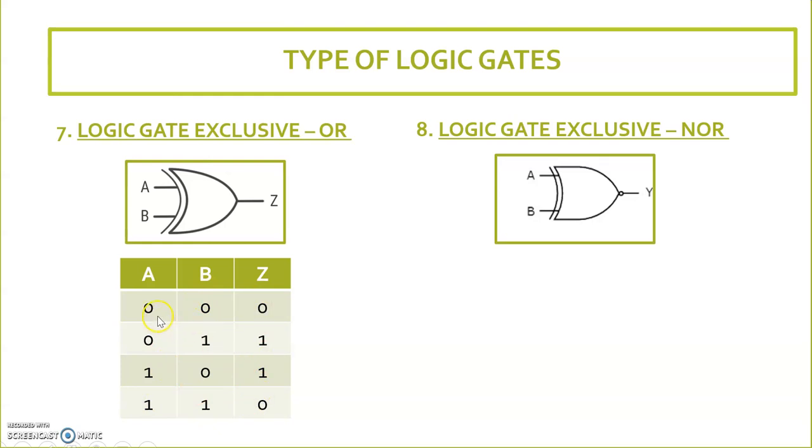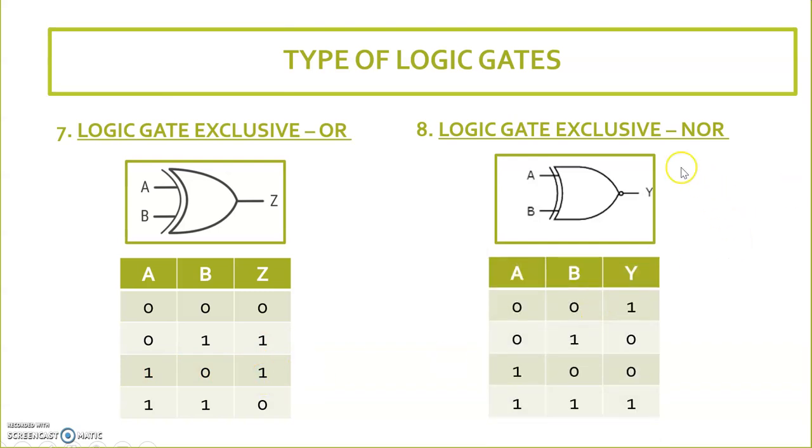For example, 0, 0, same value, the output is 0. 1, 1, same value, the output will be 0. Input 0, 1, different value, so the output will be 1. 1, 0, different value, the output will be 1.